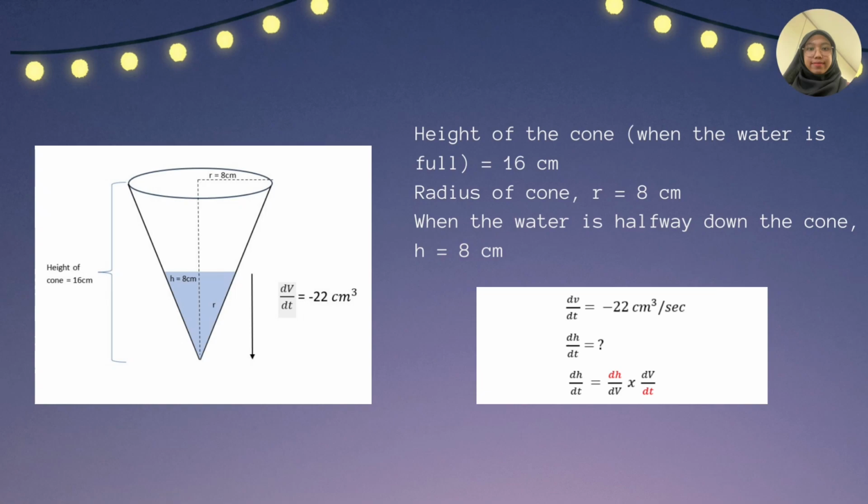So now we have dV/dt equals negative 22 cm³ per second, since the problem statement states that the water drains from the cone at constant rate of 22 cm³ per second, so the volume of the water is decreasing. Thus, the value of the rate becomes negative. Now, we need to find the value of dH/dt, which is equal to dH/dV times dV/dt.